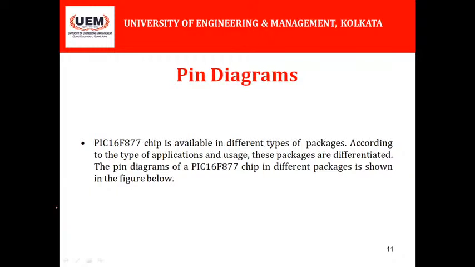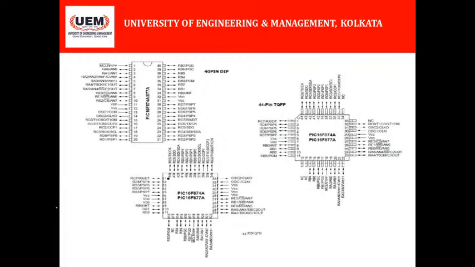The pin diagram of the PIC16F877 chip in different packages is shown in the figure below. This is the figure that we are observing. This is a 40 pin dual in-line package, this is a 40 pin TQFP package, and this is a 40 pin QFN package, where we are observing lots of pins such as VSS, VDD.